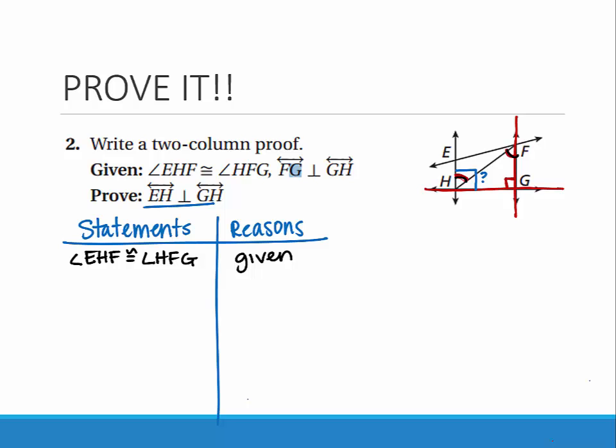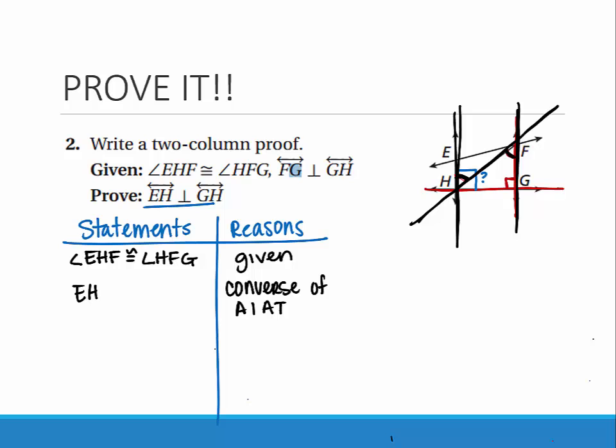If you think about these lines here, line EH and line FG, this right here is acting as a transversal. And if I know that these two are congruent, I can go backwards with the converse of alternate interior angles and say that line EH has to be parallel to line FG.